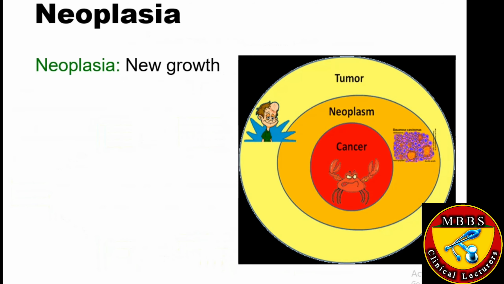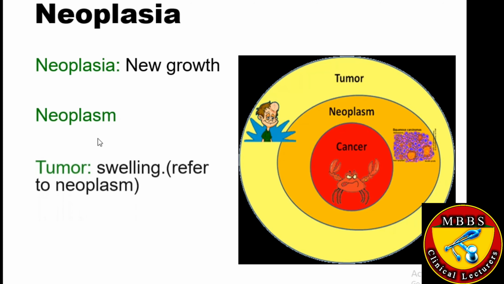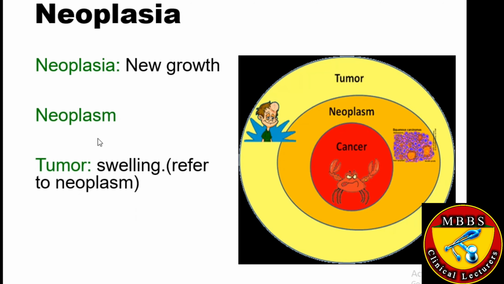So neoplasia literally means new growth. As I explained to you why it was called cancer in history. So basically, a neoplasm is nothing but a new growth. Now, this new growth can be dangerous, risky, harmful, or non-harmful. The tumor is a kind of swelling which refers to neoplasm.